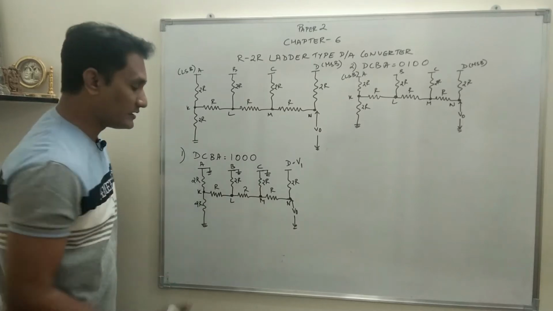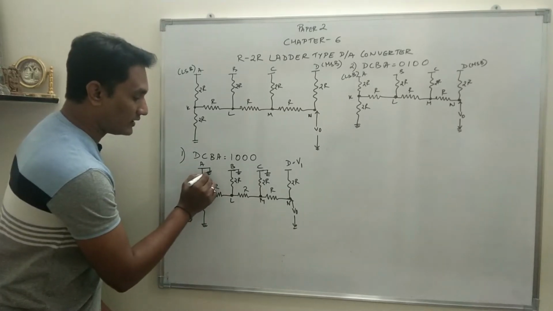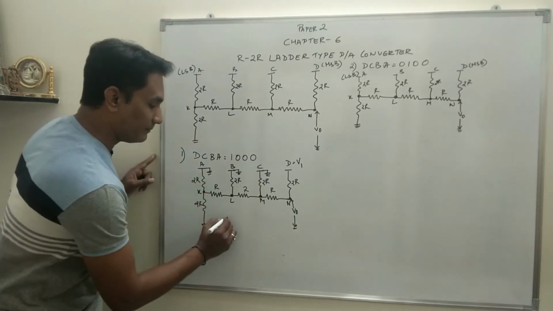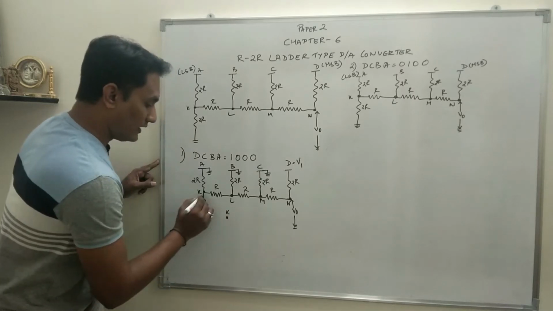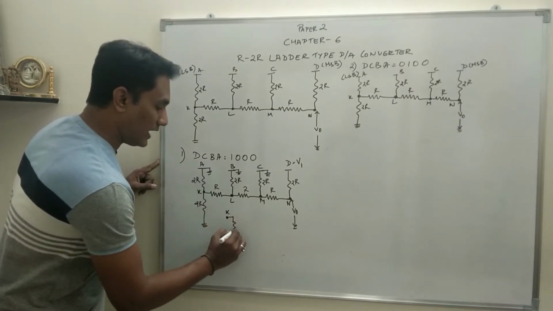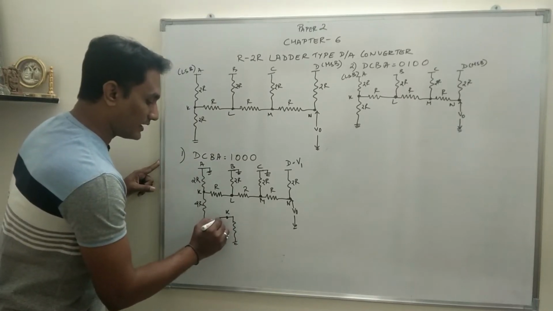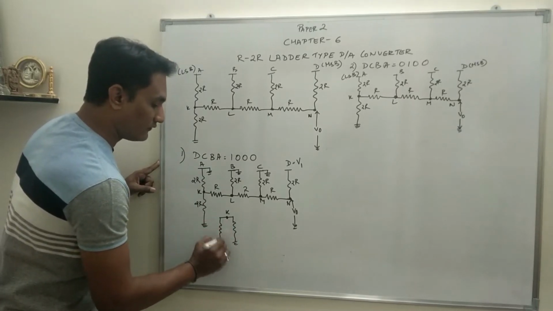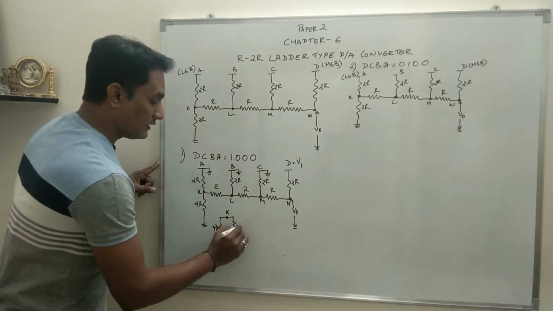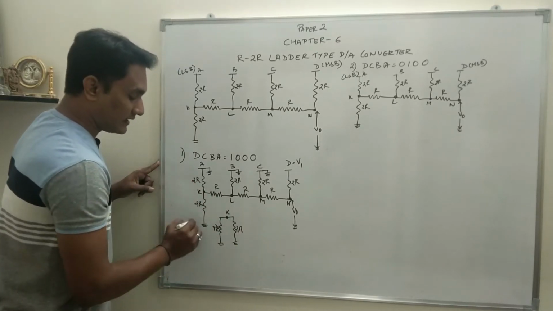Now, as soon as A is connected to ground, at this point K, already a resistance of 2R is connected to ground, and if A is connected to ground, another 2R resistance is connected to ground.